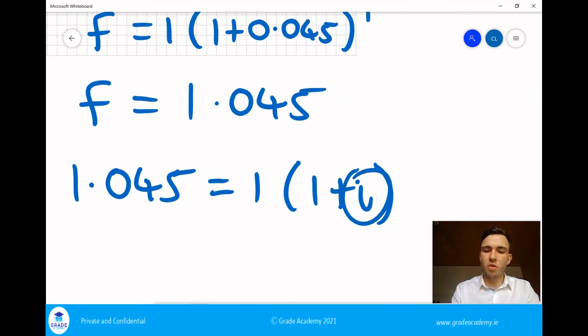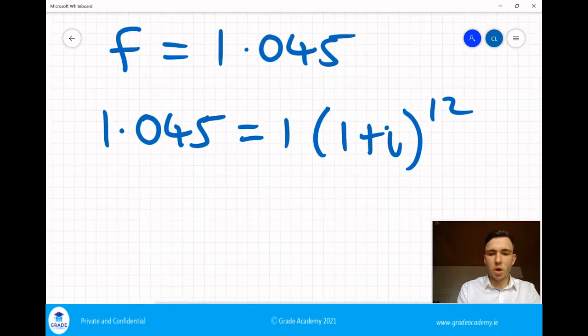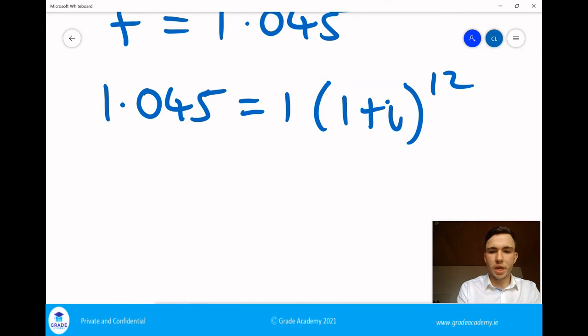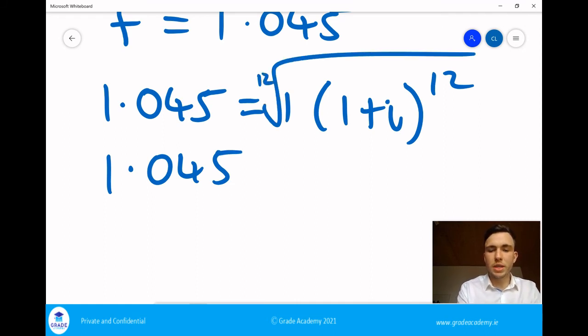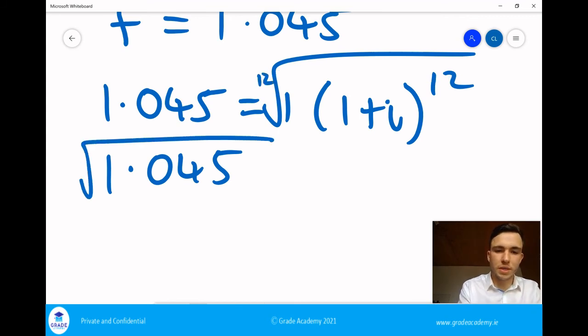And if that's our monthly interest rate, then our T has to be in months as well, so we're going to put it as 12. We have multiplied by 1, that's just going to be the same. So what we can do is get the 12th root of both sides to cancel off that power of 12.